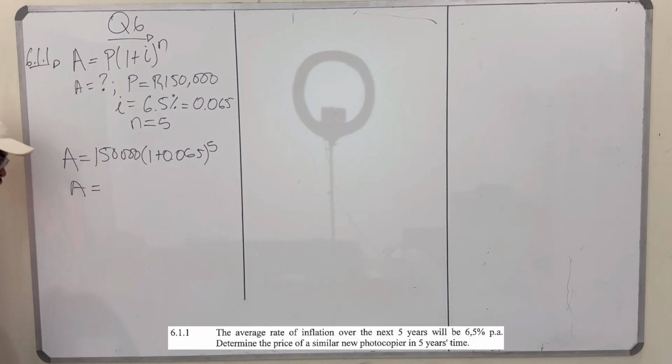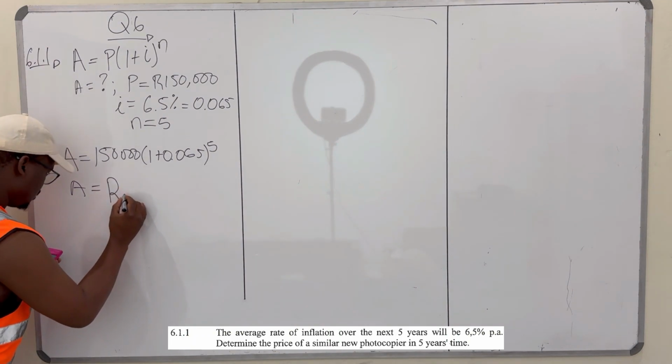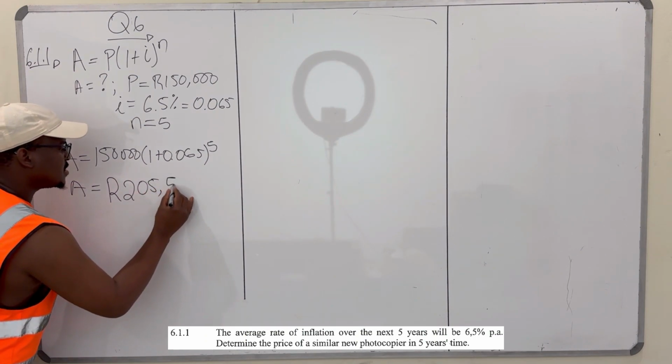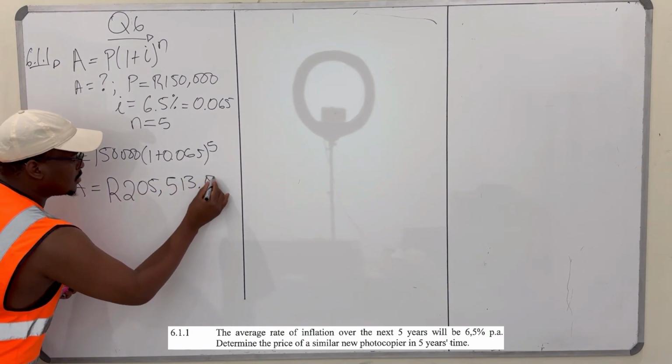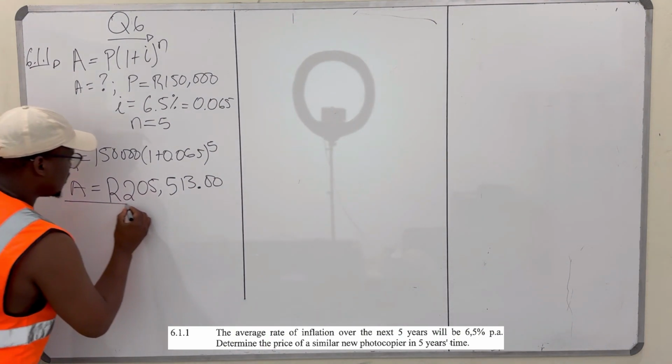Let's see what it will be. 150,000 times (1 plus 0.065) to the power 5. The cost of the new machine will be R205,513.00. This will be the cost of the new machine.